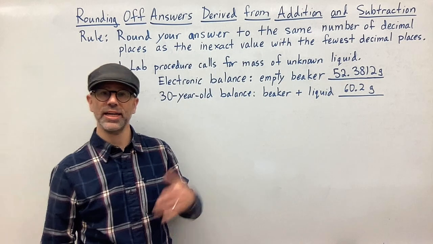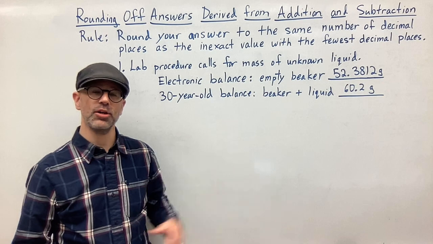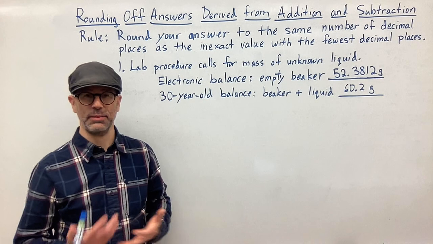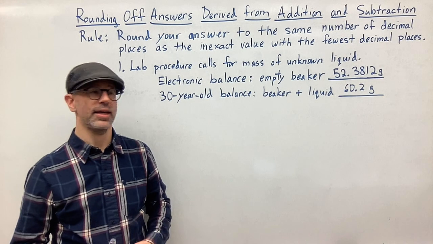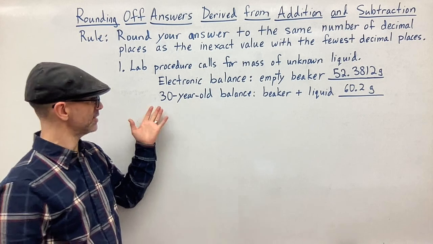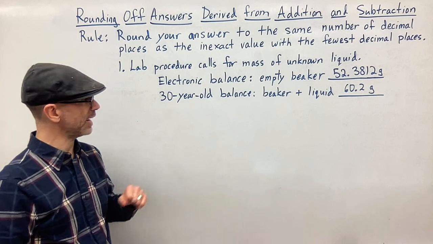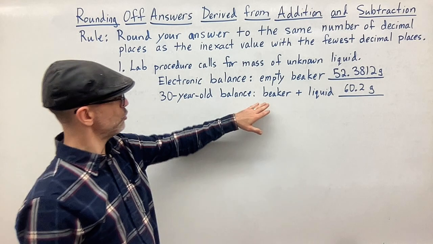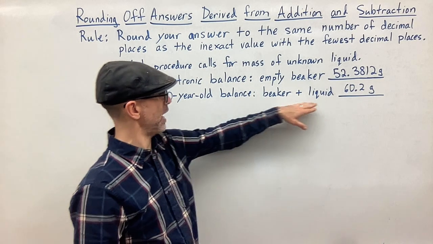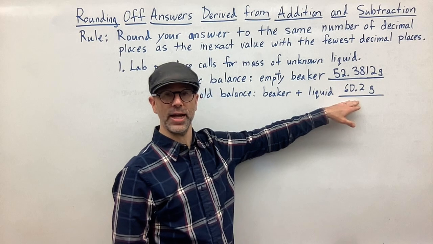Then you put the liquid into the beaker and reweigh it, and you find that the balance isn't able to read it. There's too much weight. So you find another balance, a 30-year-old balance, and you put the beaker and the liquid together on it, and it reads 60.2 grams.